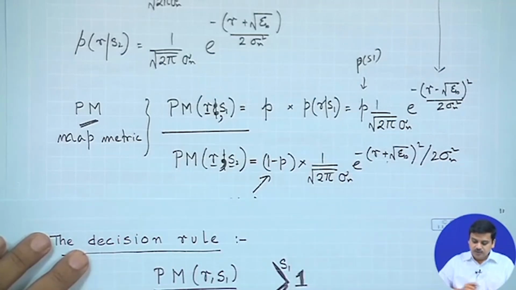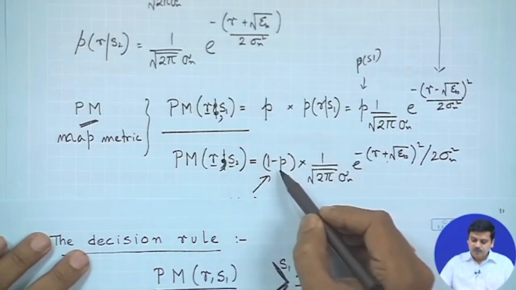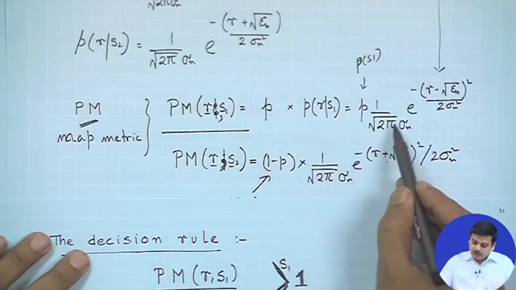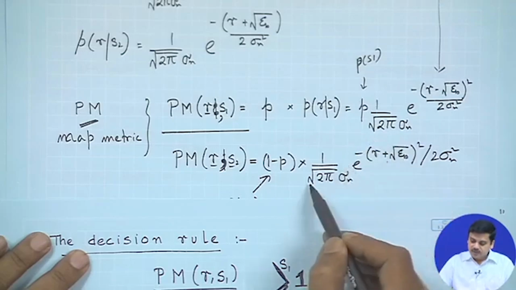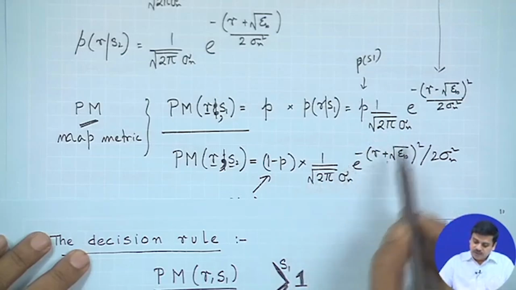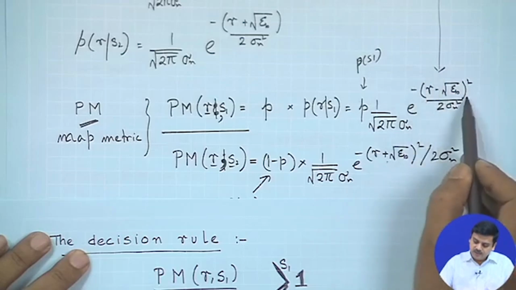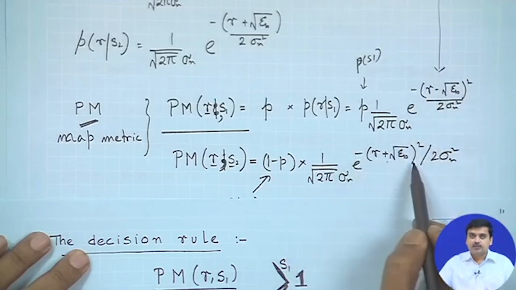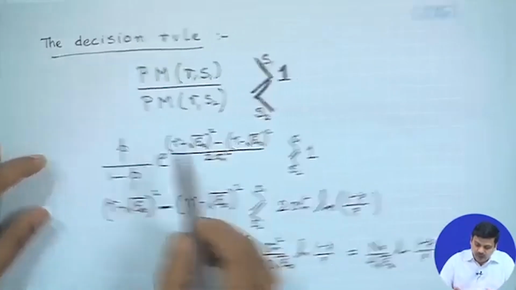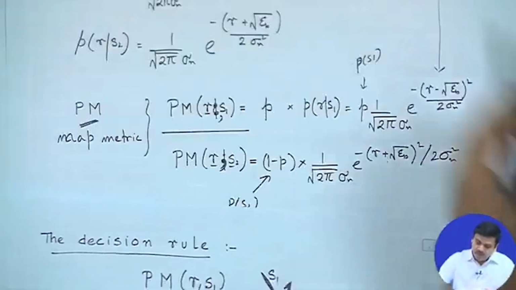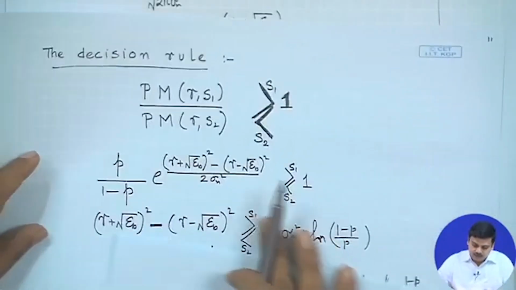If you take the ratio, you are going to have P upon 1 minus P, and this term would cancel out with this term, and in the numerator you are going to have this term minus this term. Since it is in the denominator, it goes up, so there is a plus sign, of course.